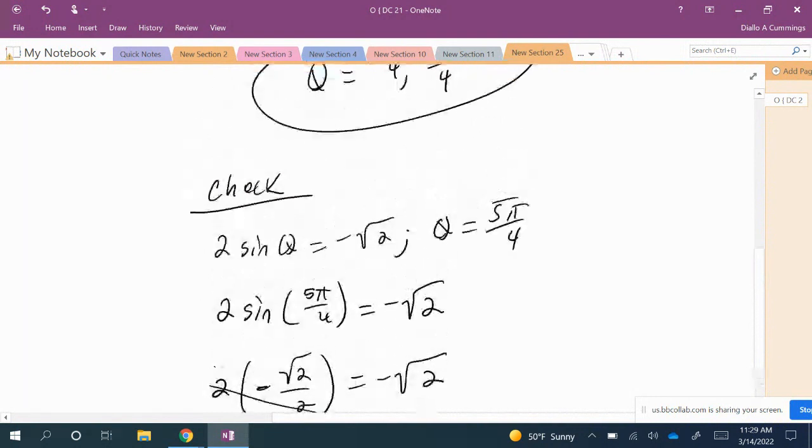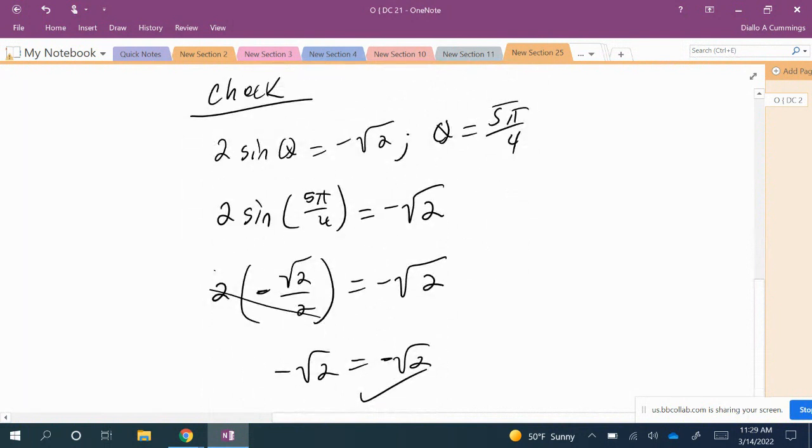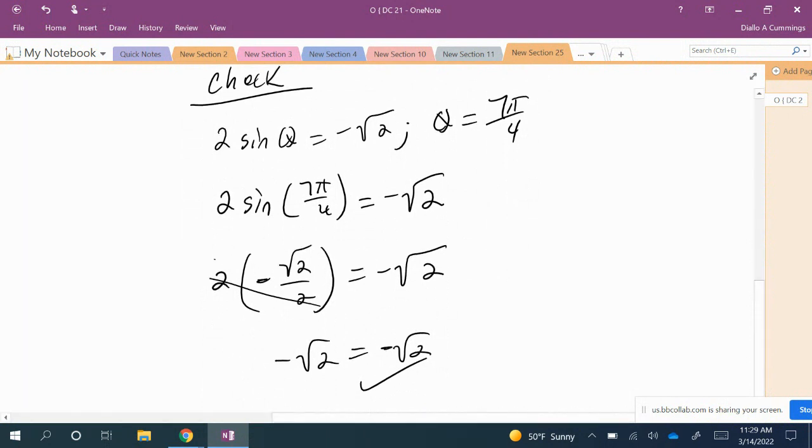All right, you could also substitute theta for 7 pi over 4. Just to quickly go through this, if I were to change the 5 pi over 4 to 7 pi over 4, for the simple fact that 5 pi over 4 and 7 pi over 4 have the same y value, which is negative square root of 2 over 2, notice that 7 pi over 4 is also a solution.